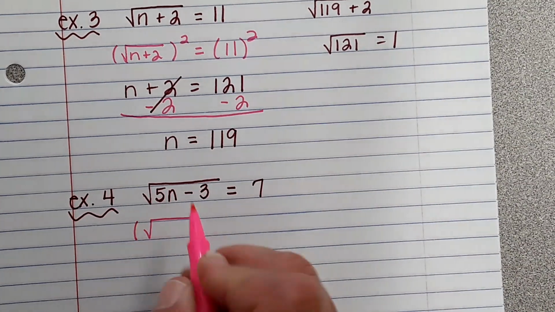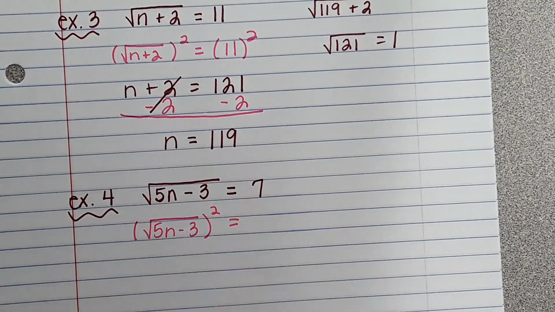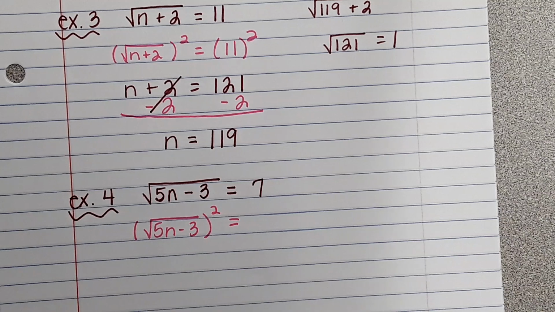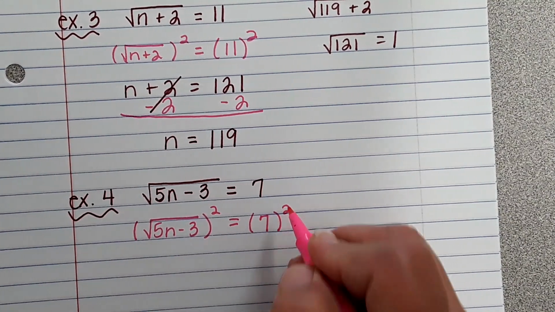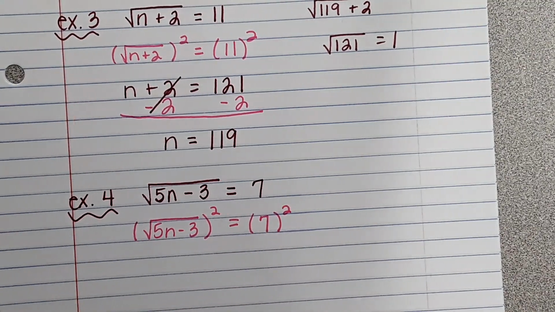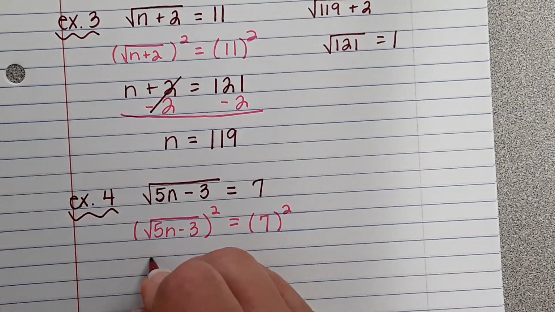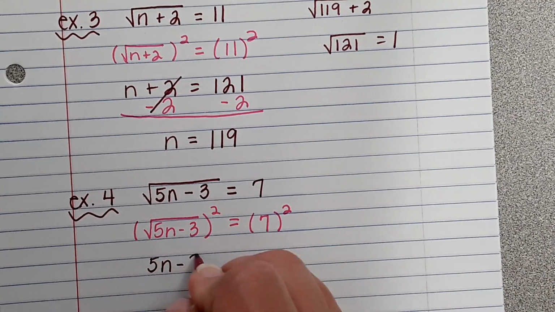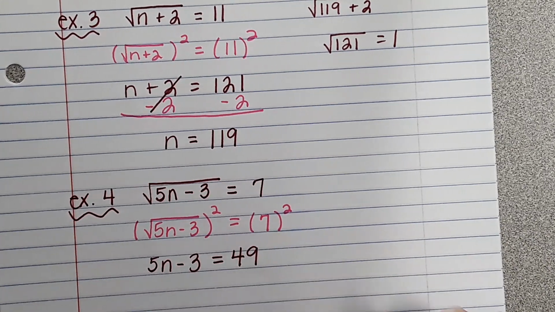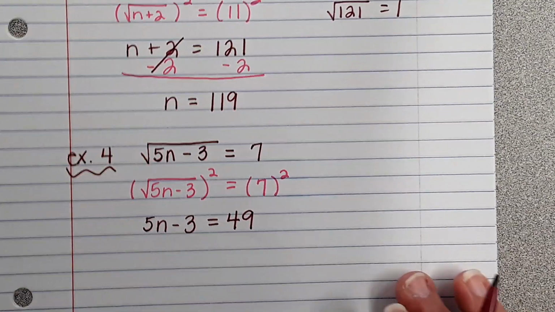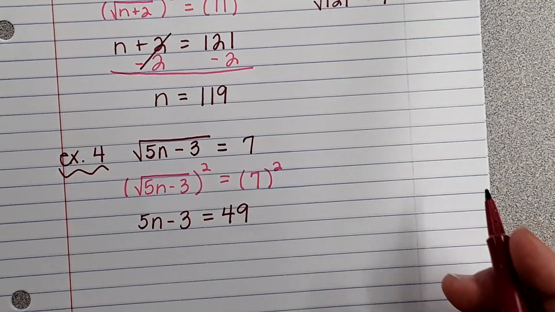You notice the first step, have I changed this first step at all? Is it the same whether you have something underneath the radical, like more than just a variable underneath the radical? That first thing, we always do the same. Okay, now what am I going to do?